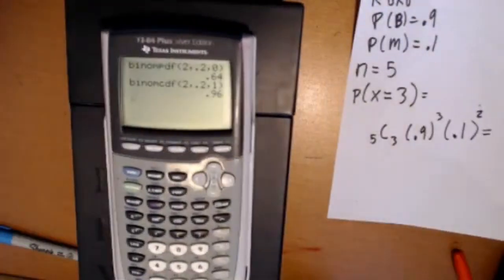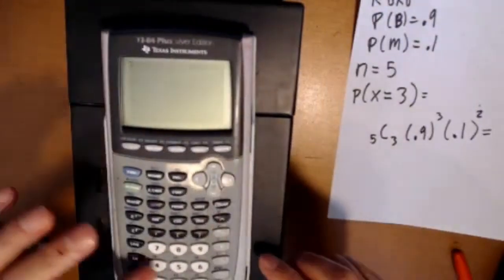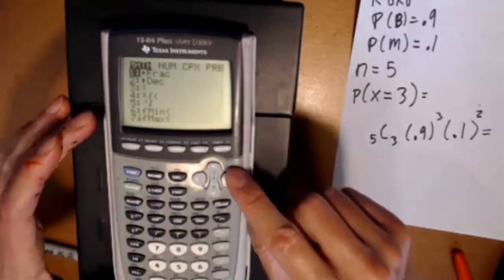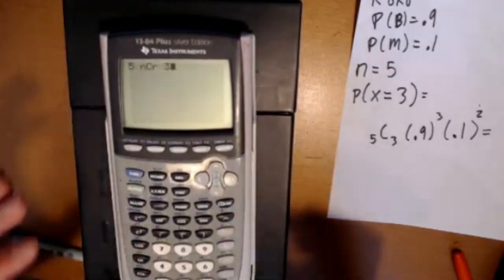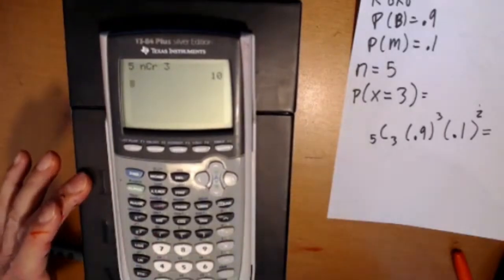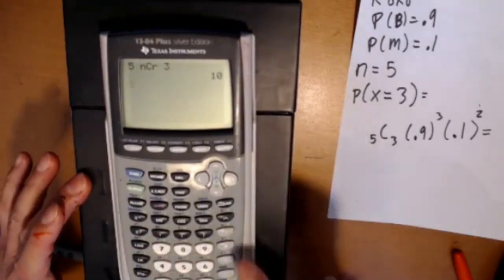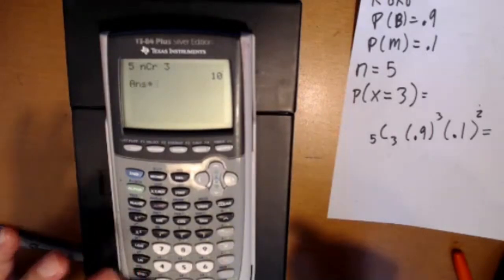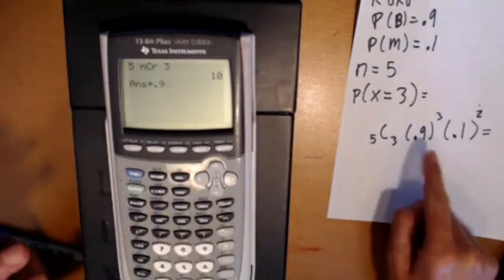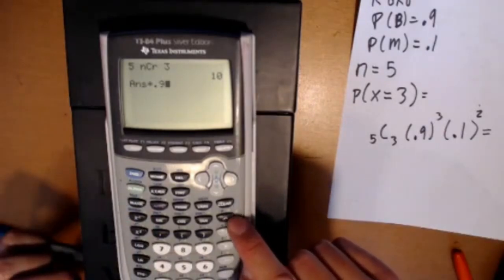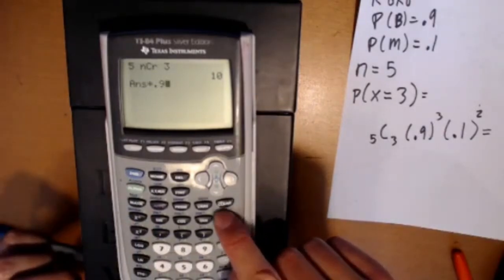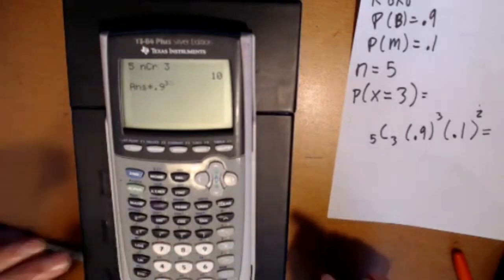So 5 choose 3. That's that NCR we have. So go 5, math, PRB, NCR, 3. 5 choose 3. Enter. 10 times 0.9 to the third power. Do you know how to do something to the third power? You see that little arrow pointing up? That's called caret. Caret 3.